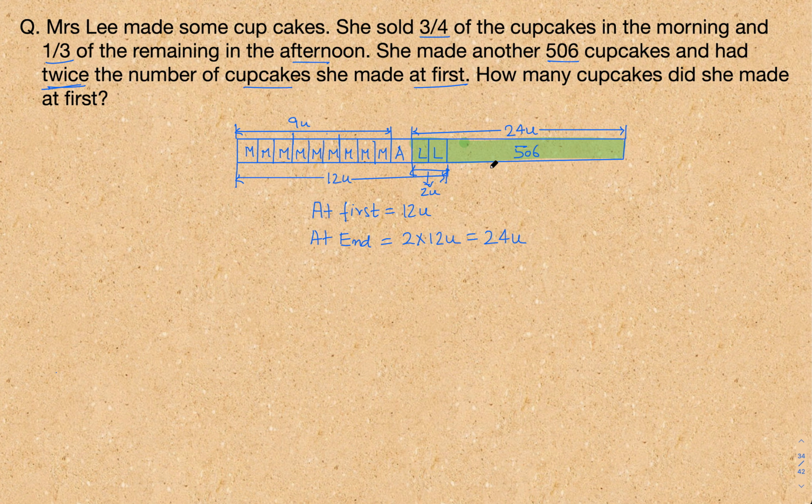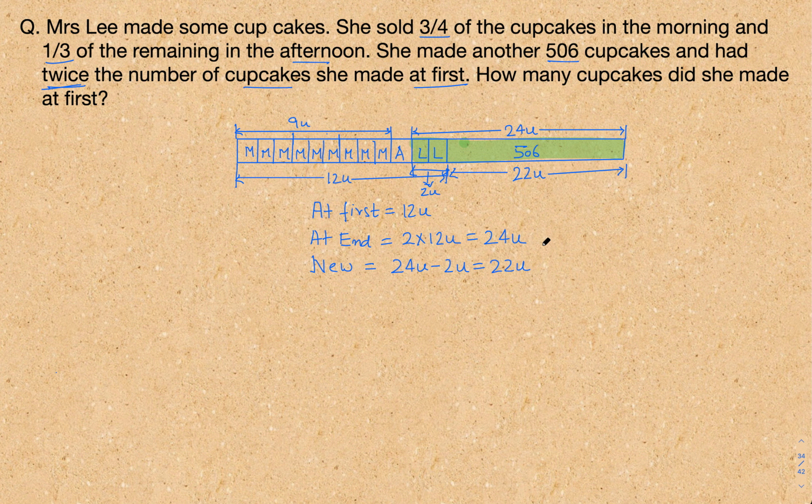So how many is the new one? See, it's obviously 24 minus 2, which will clearly give you 22 units from here. So we can just write it here: new ones will be how much? 24 units minus 2 units, it will give you 22 units.